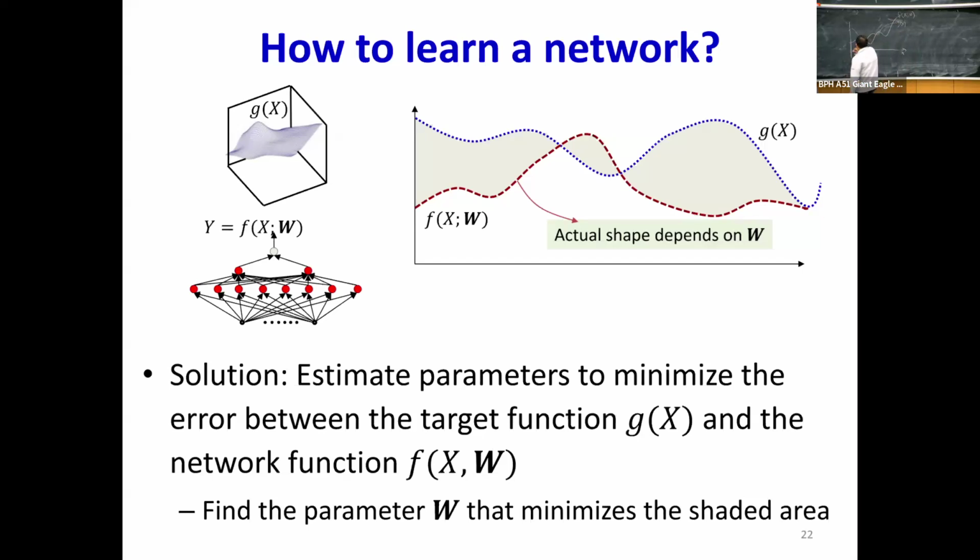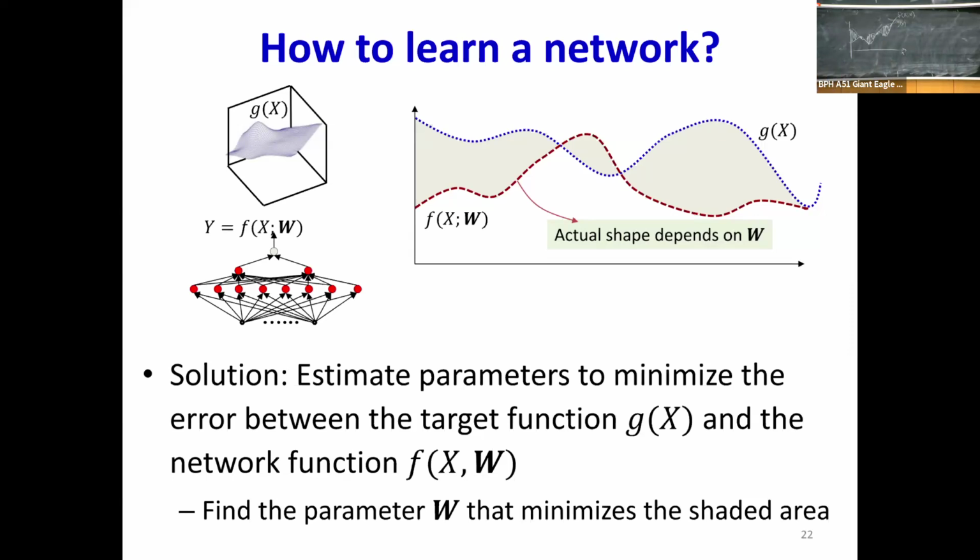In other words, how do you set the W such that this area is minimized? If that area goes to 0, then the network is computing your function. Make sense to everybody? Right.